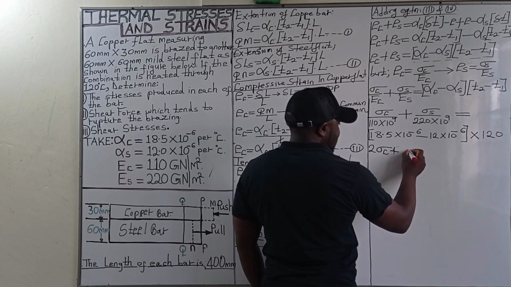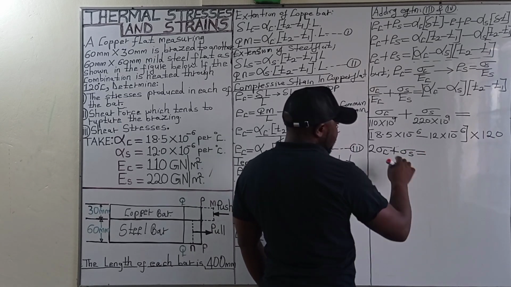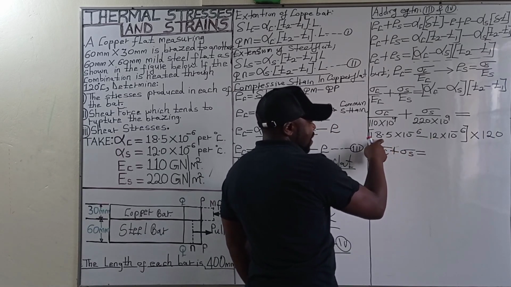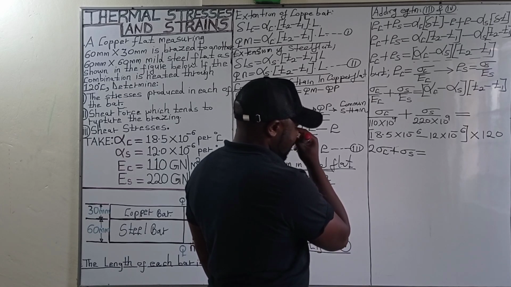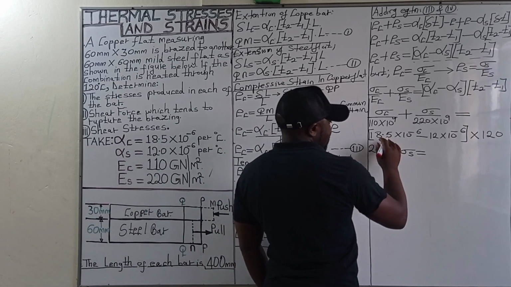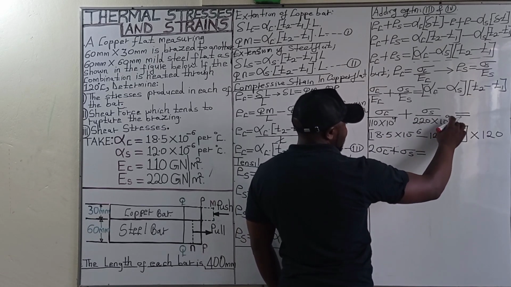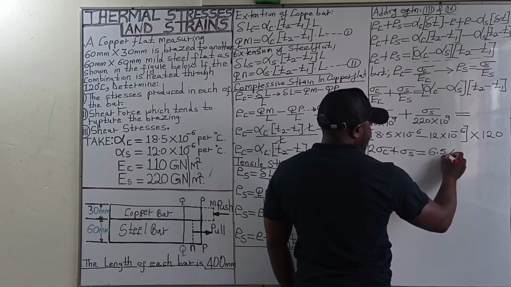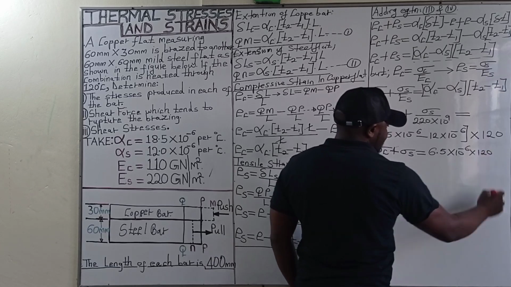So we got stress in steel is equal to 18.5 minus 12. That happens to be 6.5. So 18.5 times 10 raised to the power of negative 6 minus 12 times 10 raised to the power of negative 6. That is 6.5 times 10 raised to the power of negative 6 times 120.